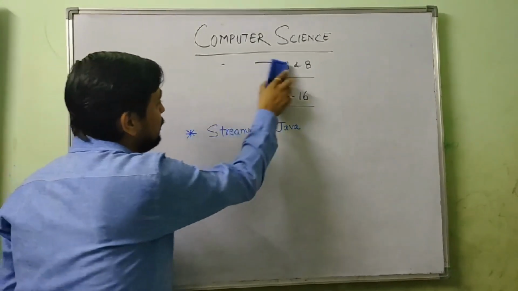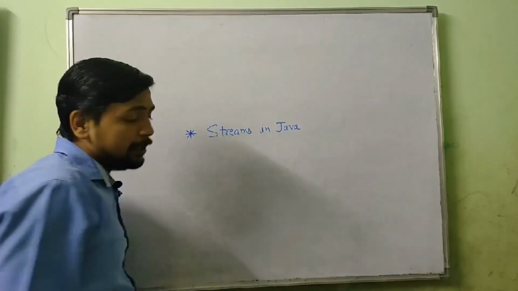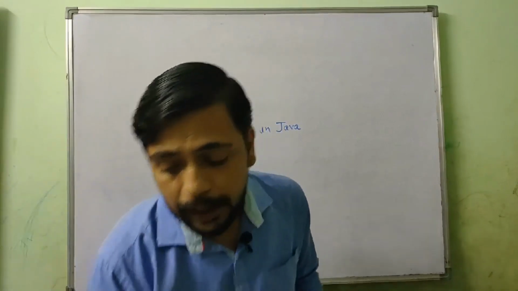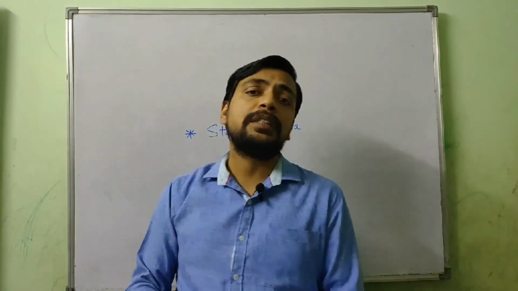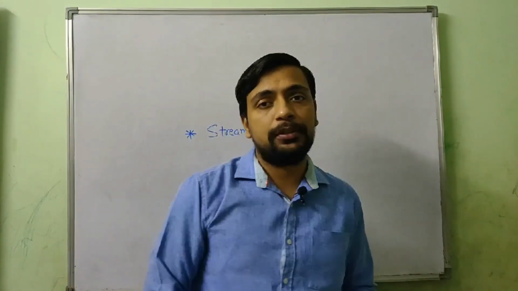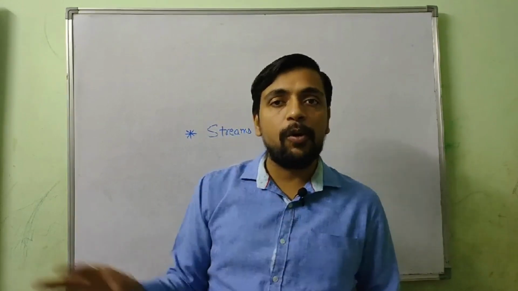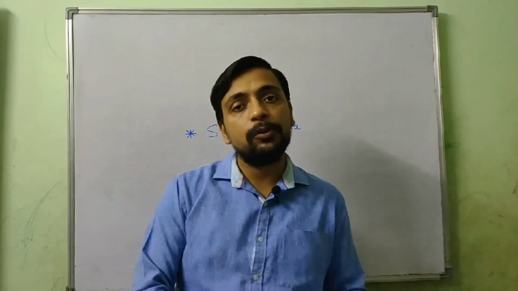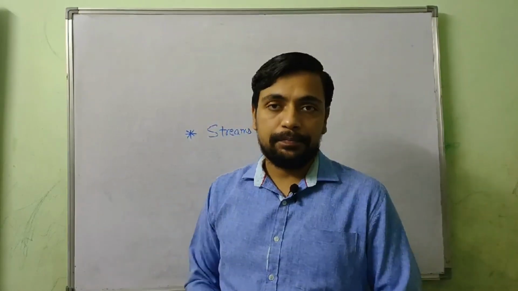Now the question arises here: what do you understand by the term streams in Java? Streams are actually paths through which data travels from a source to a destination. In Java, the path through which data flows, the path through which data moves from a source to a destination, is known as a stream.